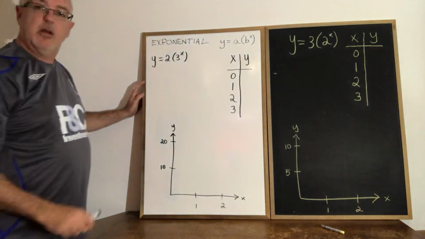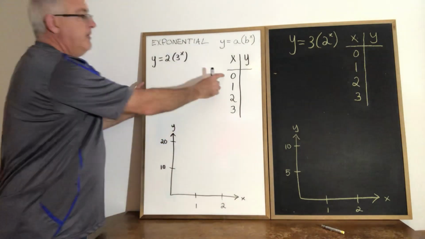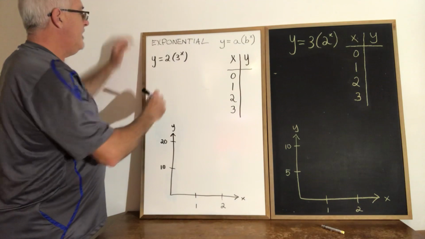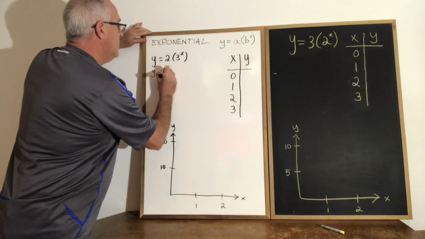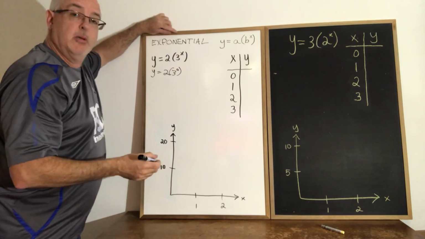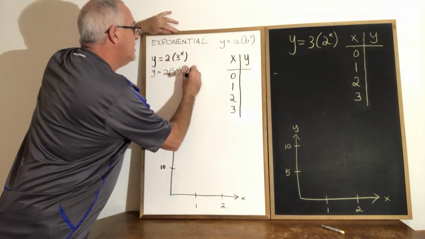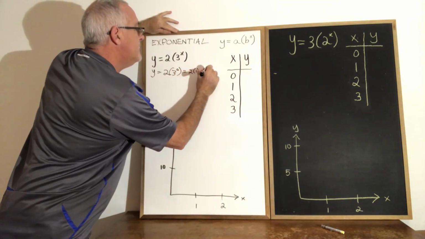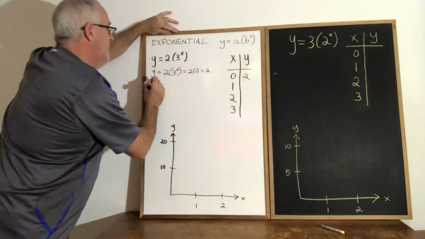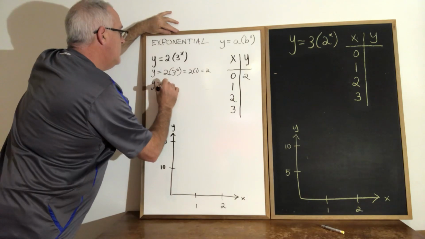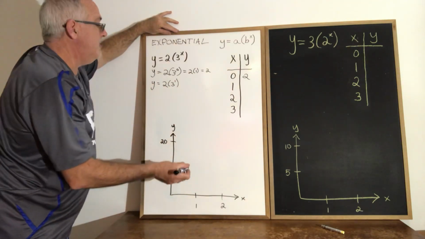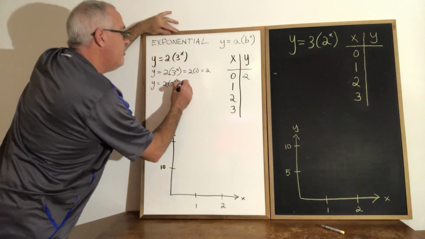So y equals 2 times 3 to the x, and I'm going to fill in this table of values, starting with x equals 0. Y therefore is equal to 2 times 3 to the 0, but anything to the 0 is equal to 1. So that's equal to 2 times 1, which is 2, and we have our first point. When x is equal to 1, y is equal to 2 times 3 to the 1, but anything to the 1 is equal to itself, so therefore 3 to the 1 is equal to 3.